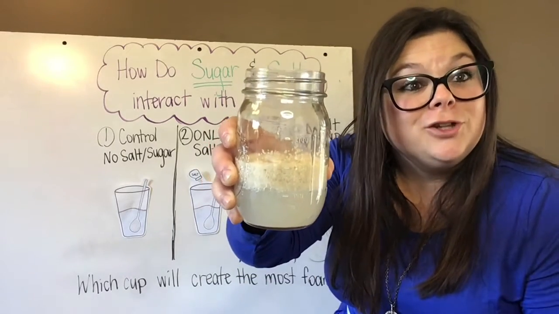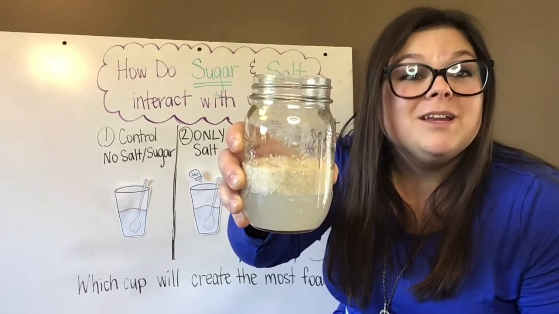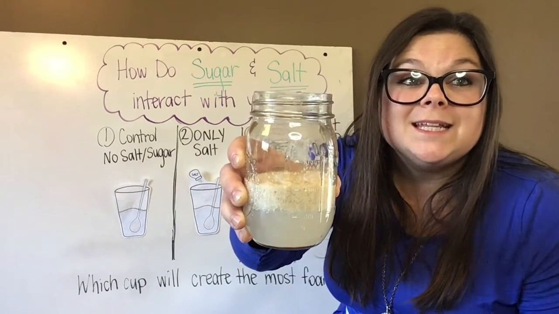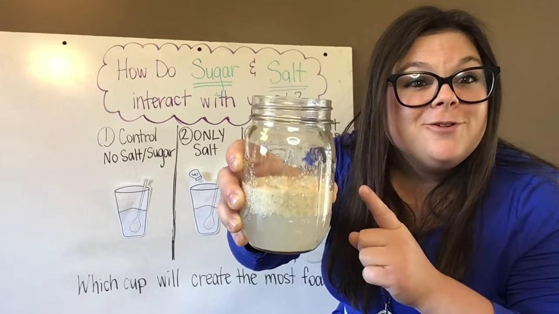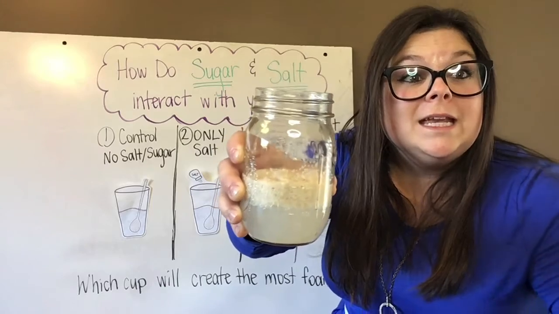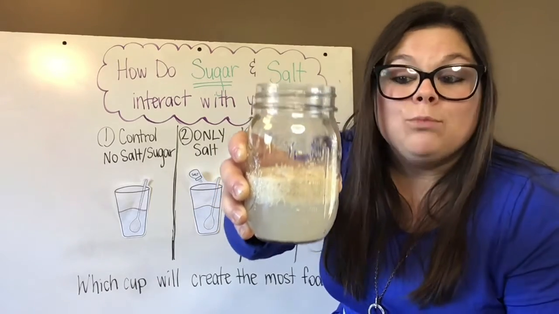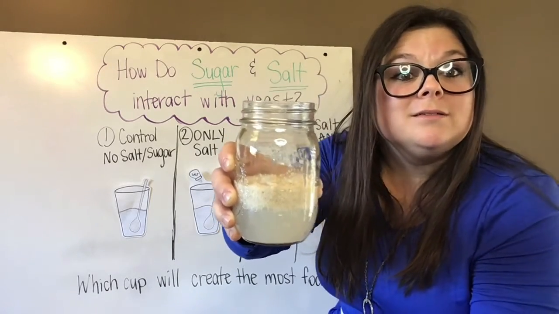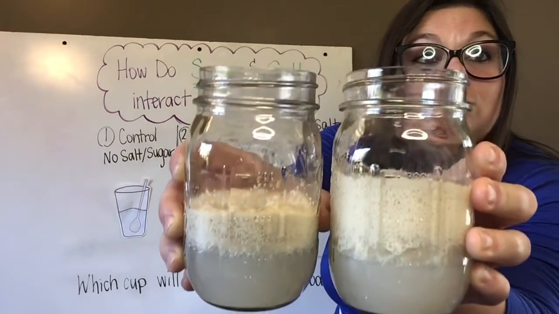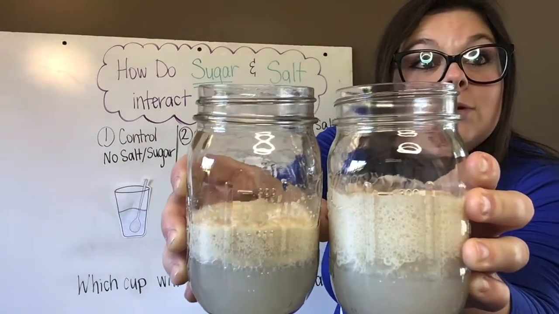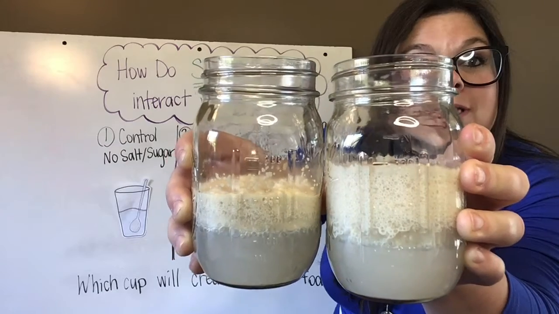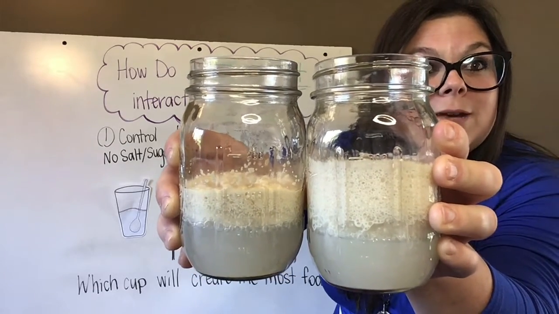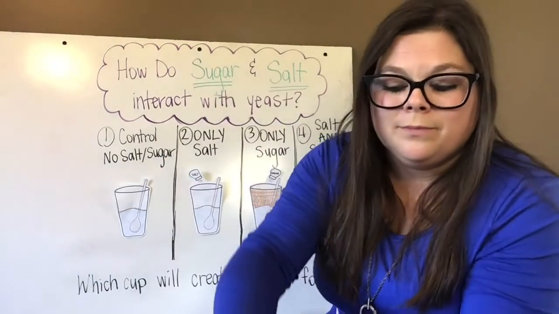It does have sugar, which is our food for our yeast, but it also has salt, which is going to regulate it and say, stop eating all that food. So instead of eating and eating and eating until it can't eat anymore, it has a regulator inside of it. So if we compare the two, just the sugar and the kind that has sugar and salt, you'll see that with the sugar, it definitely created more CO2 and foam.